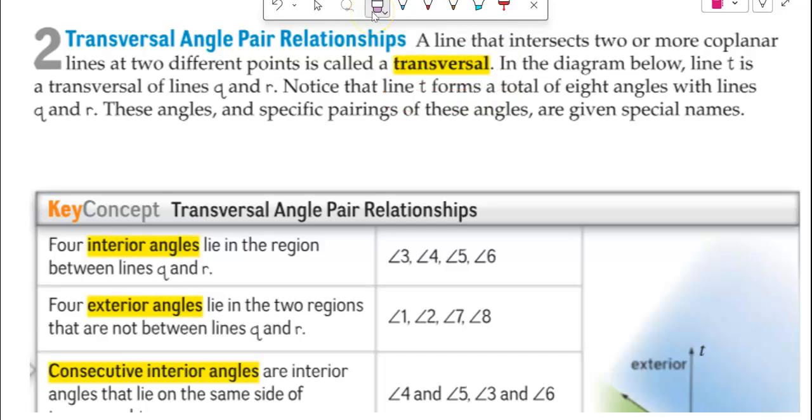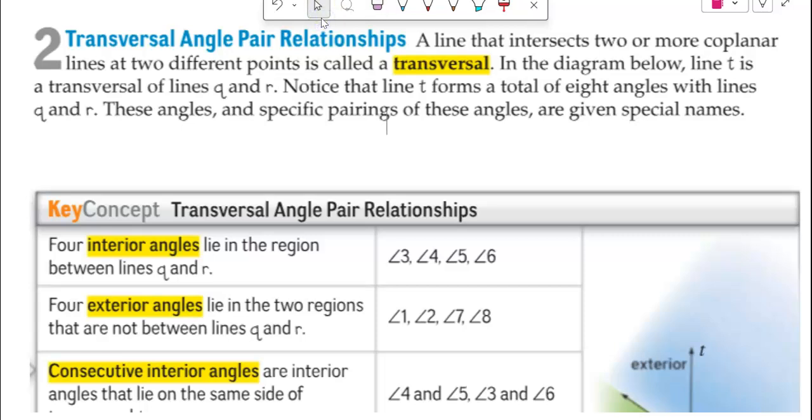Transversal. A transversal line intersects two or more other lines in the same plane.